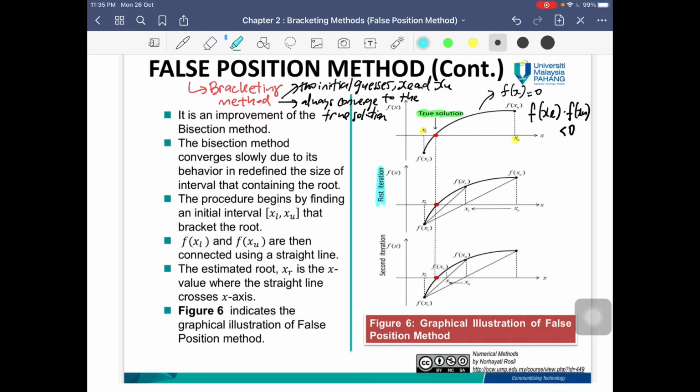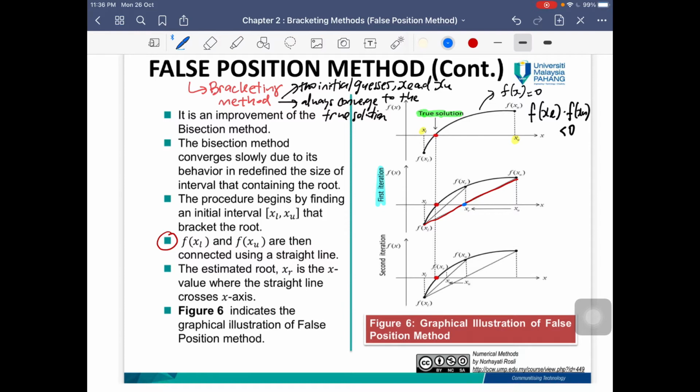After that, in order to calculate the SR in our first iteration, we connect these two points, FSL and FSU, with a straight line. If you connect FSL and FSU with a straight line, then you can get the value of SR, where the SR is actually where your straight line crosses the x-axis, at this point here.